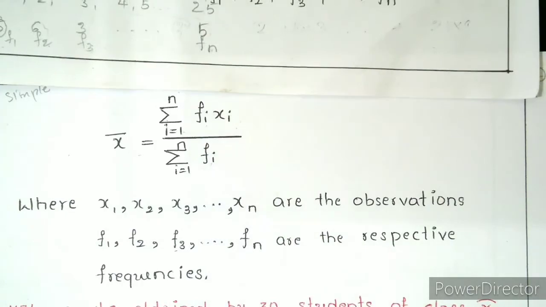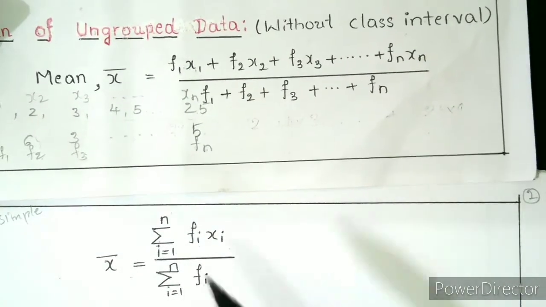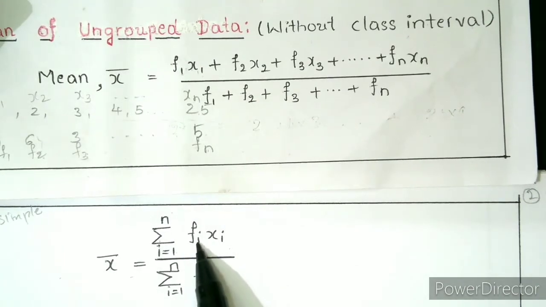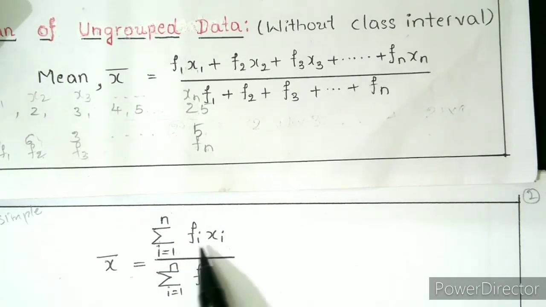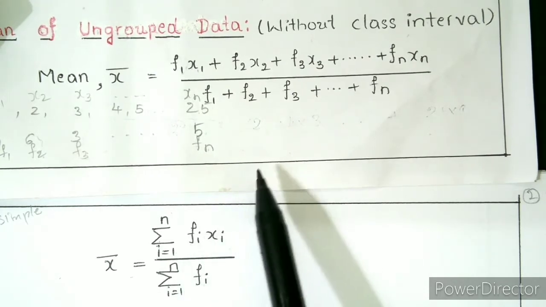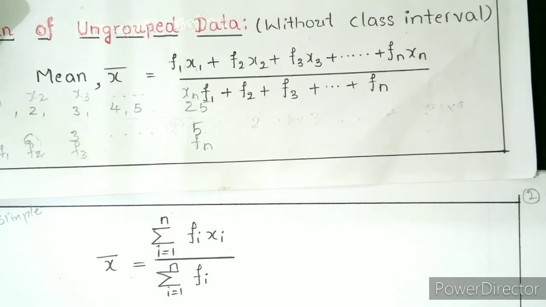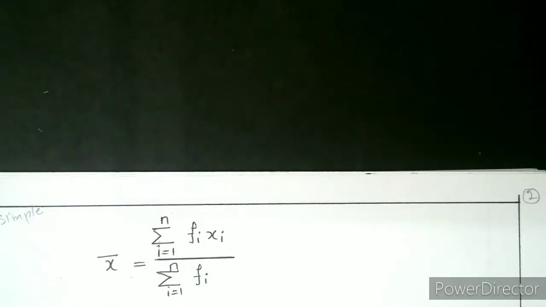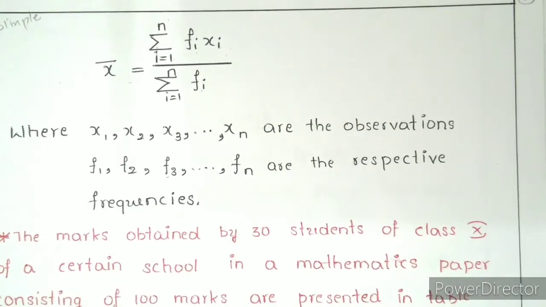So in that case, you see fi xi, so when i equals 1, f1 x1 plus f2 x2, so it is like this: summation i equal to 1 to n fi xi, divided by summation i equal to 1 to n fi, where x1, x2, x3, xn are the observations, like the marks 1, 2, 3, 4 up to 20.